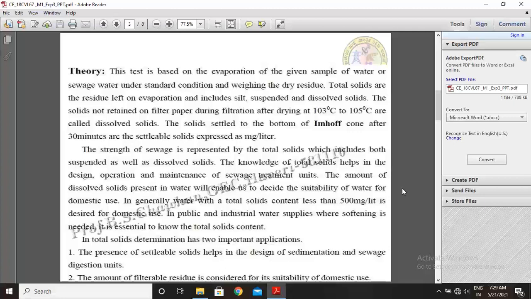The second application is that the amount of filterable residue is considered for its suitability for domestic use. The filtered sample is used for domestic use.